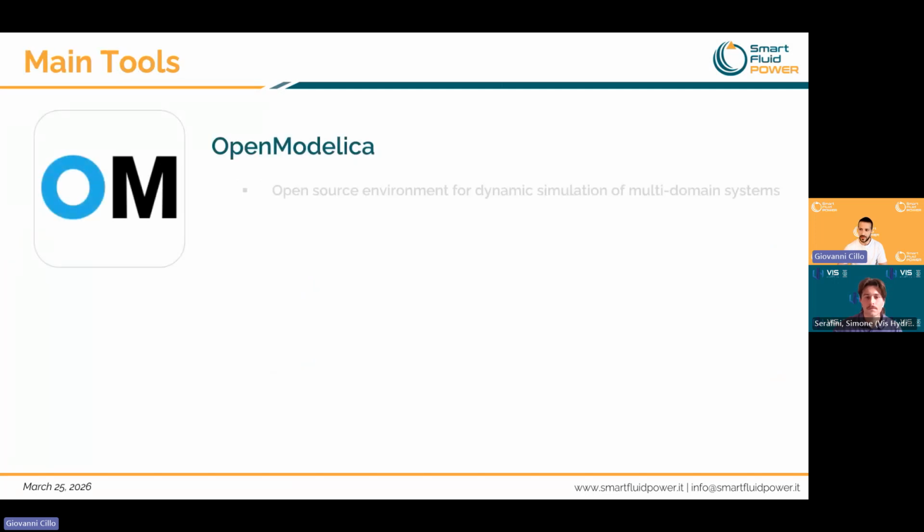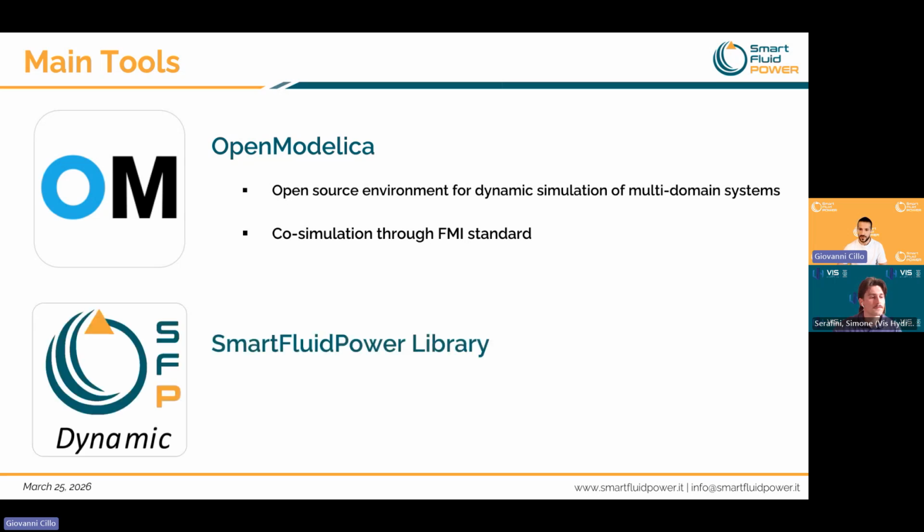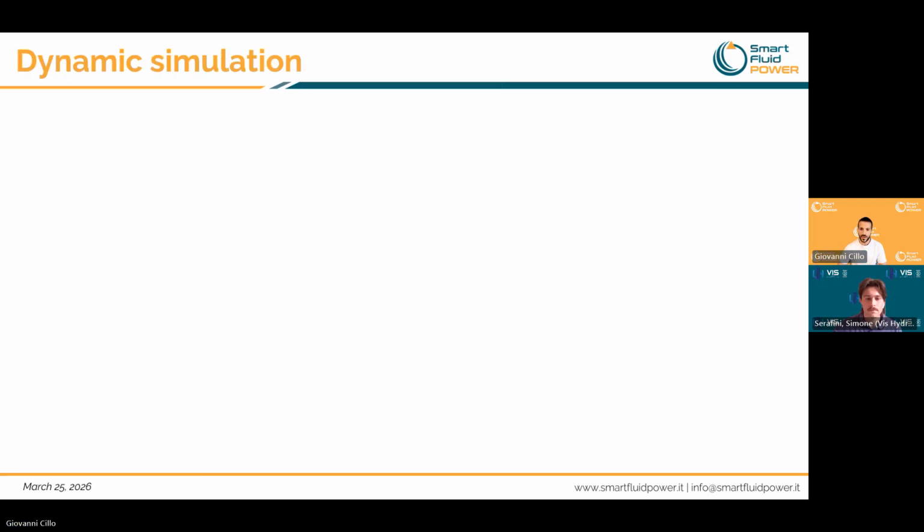So the main tools are an open source software, OpenModelica. It is an environment for dynamic simulation of multi-domain systems that promotes co-simulation through the FMI standard, and our library that is written in Modelica code and is specialized for the fluid power sector with a lumped parameter approach.